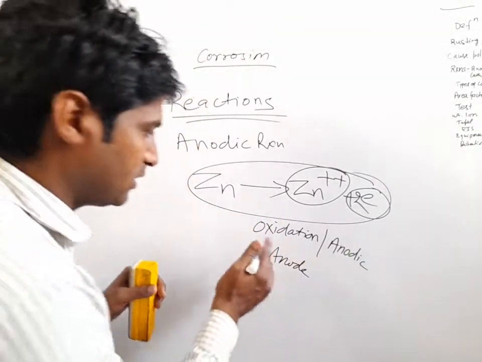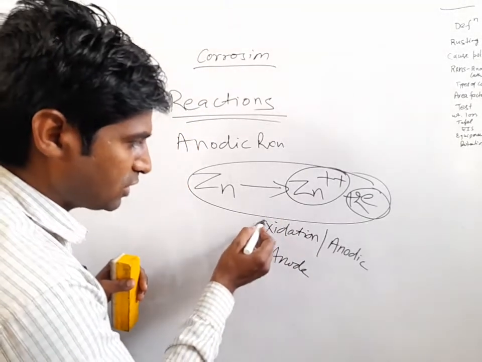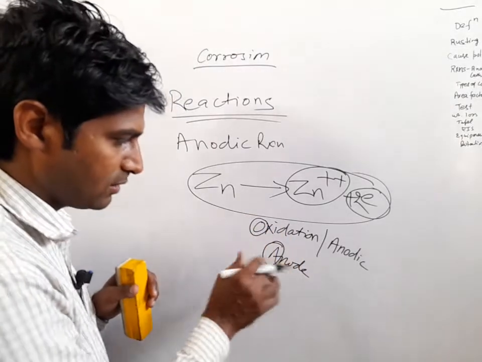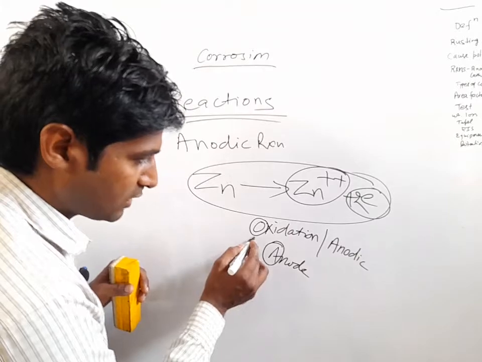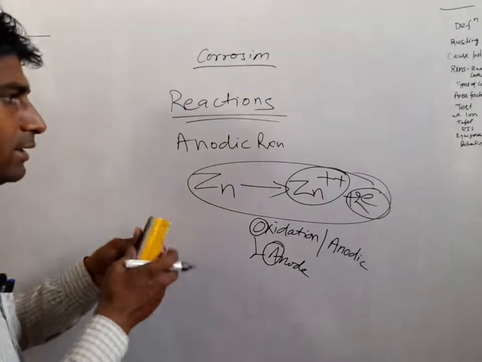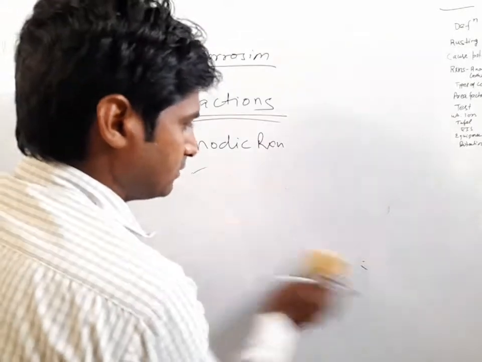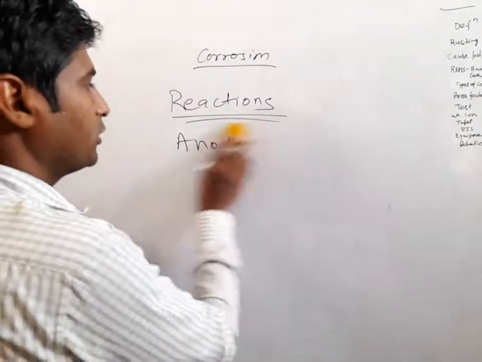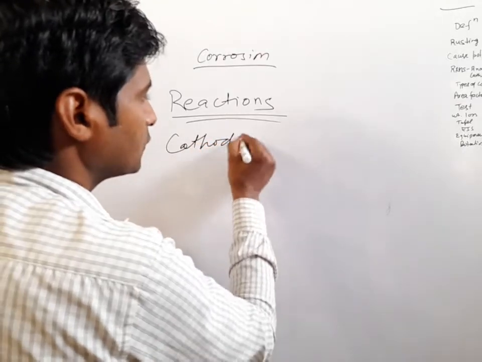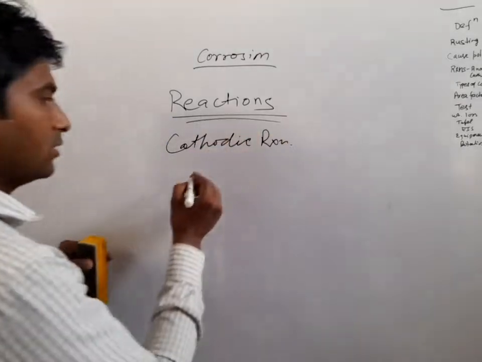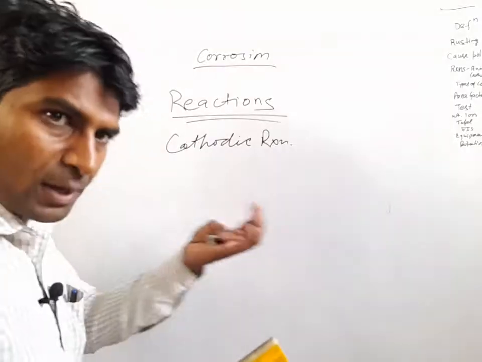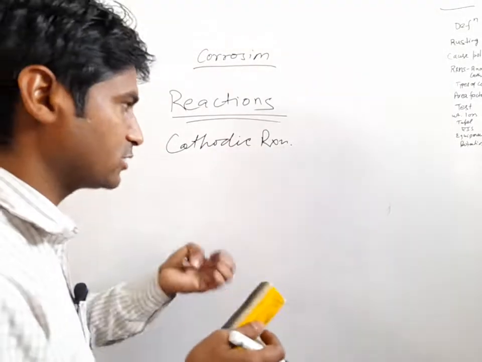We can remember this because both oxidation and anode start with a vowel. Similarly, the cathodic reaction accepts or consumes the electron.